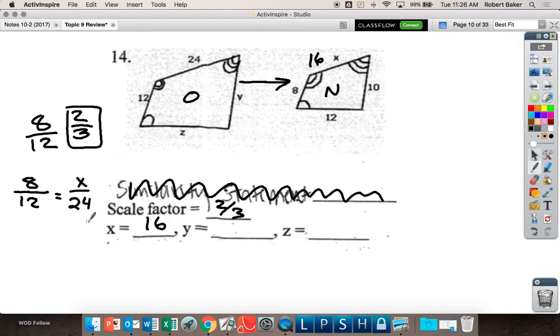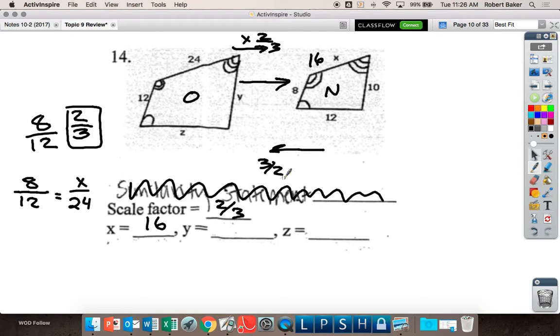Now where it gets a little weird is when you go back the other way. So instead of multiplying by 2/3 to go this way, you have to multiply by 3/2 to go that way. You have to flip the scale factor. So 10 times 3/2 would be 15.